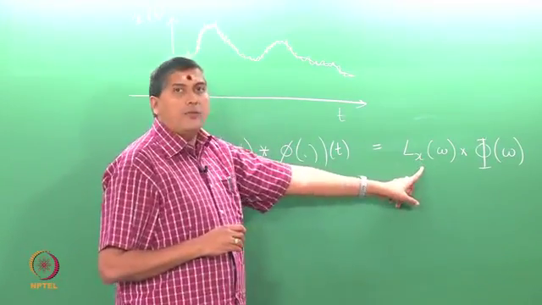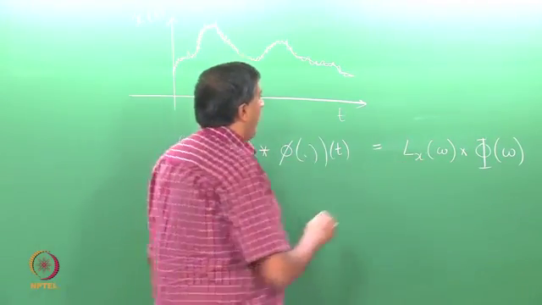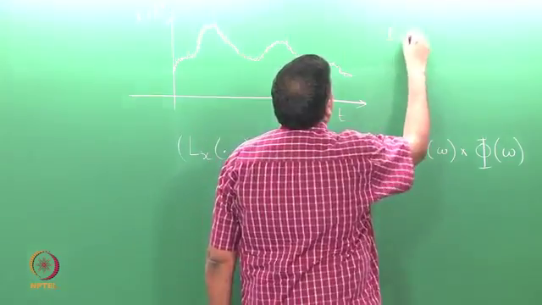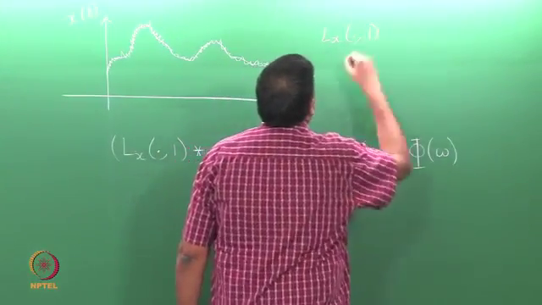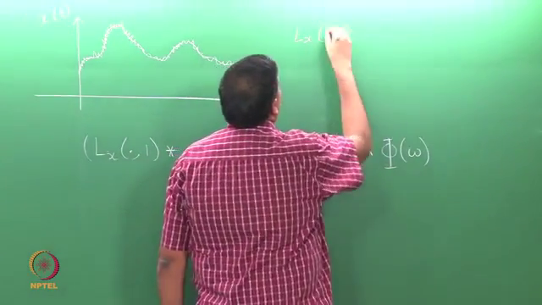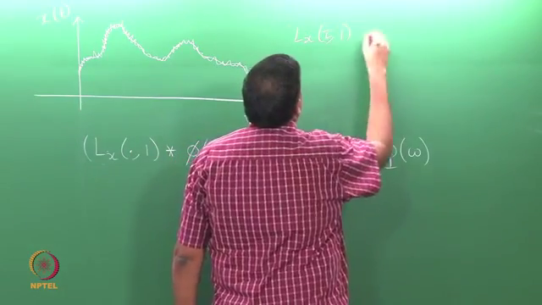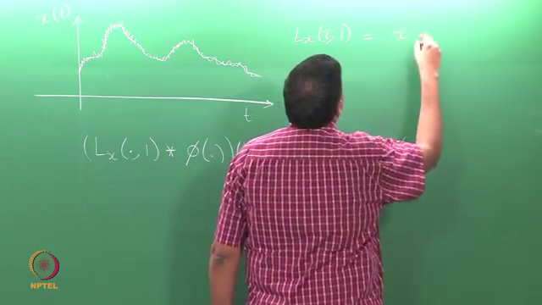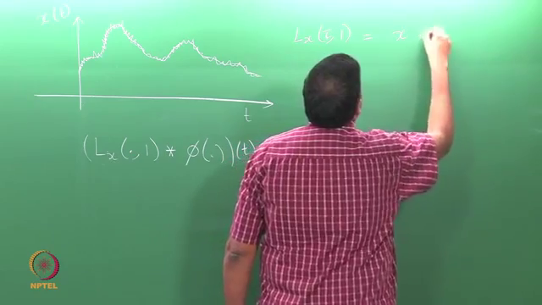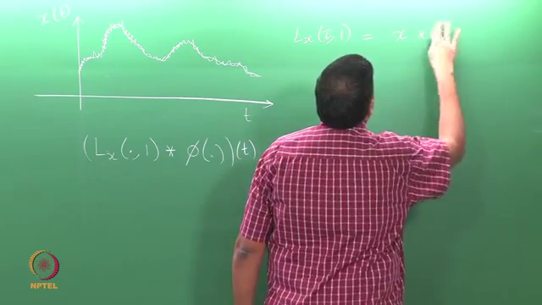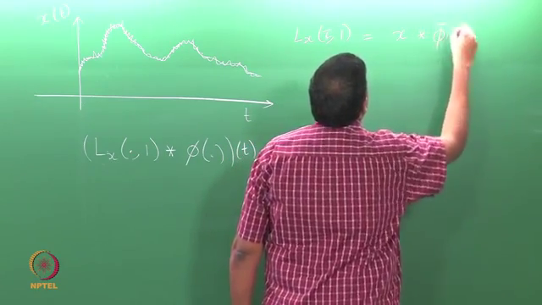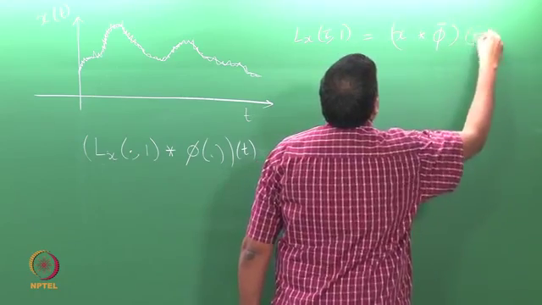Now, we have also seen earlier that Lx itself is a convolution at any dot. So, for example, I can take time t as a convolution of x with phi bar, evaluated at time tau.